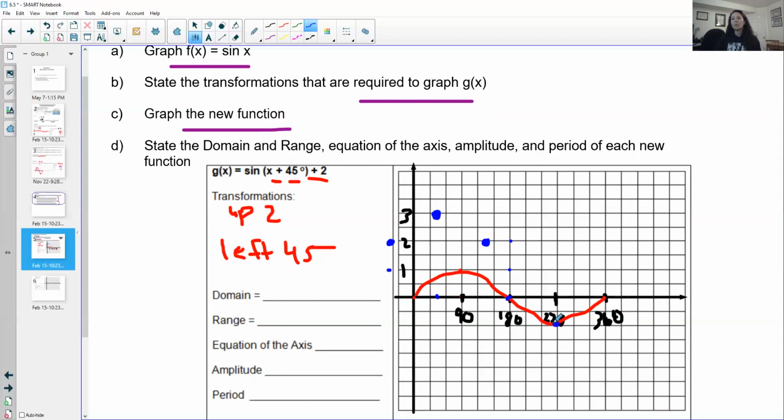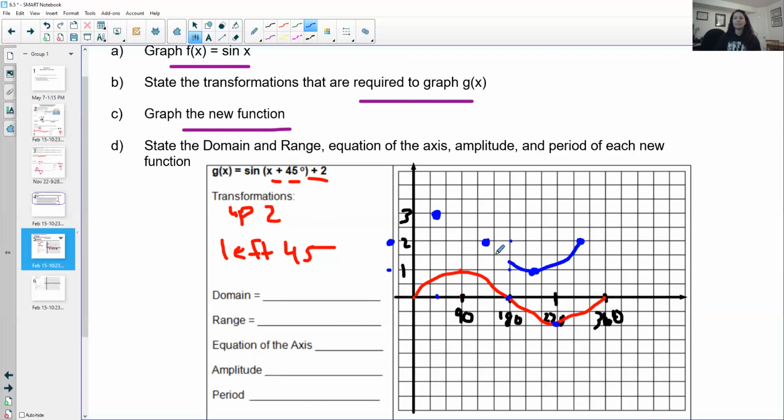I'm going to take this main point, I'm going to go up 2 units and left 45 degrees. Remember, 45 degrees is 1.5 squares based on the way that I have drawn them. And then this one here, I'm going to go up 2 units and left 45 degrees, again, which is 1.5 squares. Okay, connect your dots.